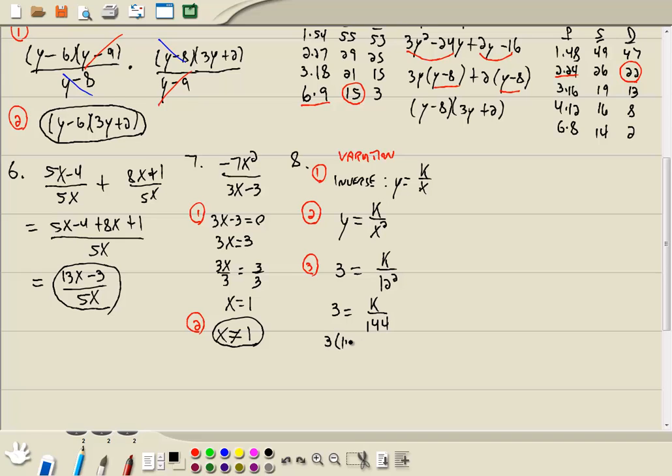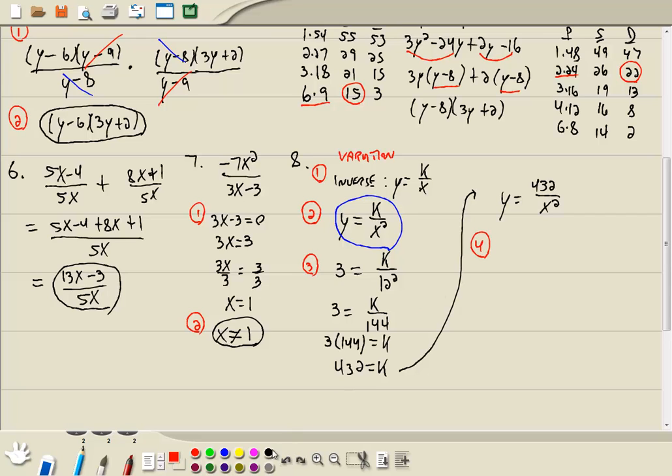Multiply both sides by 144. And I believe we get 432. Yeah, 432. Now we plug that back into the formula from step 2, which is right here. We now know what k is. So we got y is equal to 432 over x squared.